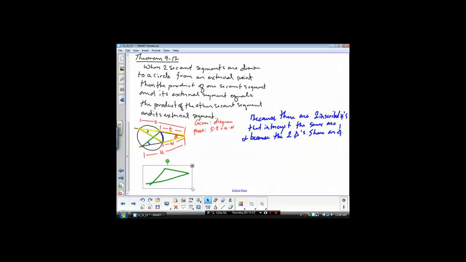I'm going to erase this side here because I don't need it. And they share an angle. Okay. Maybe I can move that up there again.